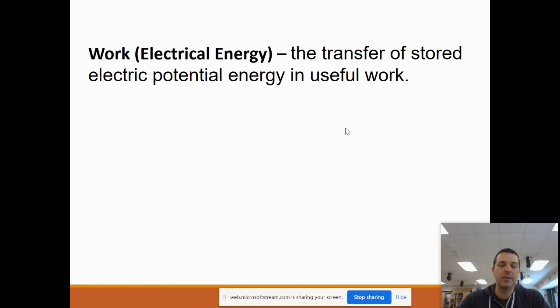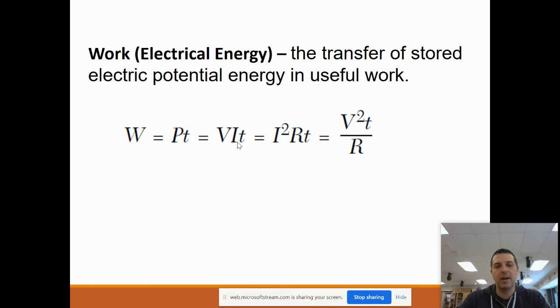If you want to talk about the work being done by the object, so how much energy is expended, this is what you buy from your energy company. They charge you for how much work is done by electrical devices. You still have to look at the power, but then also multiply it by how long the power rating is there. So if the object is 100 watts and it's running for an hour, you have that amount of power for that amount of time.